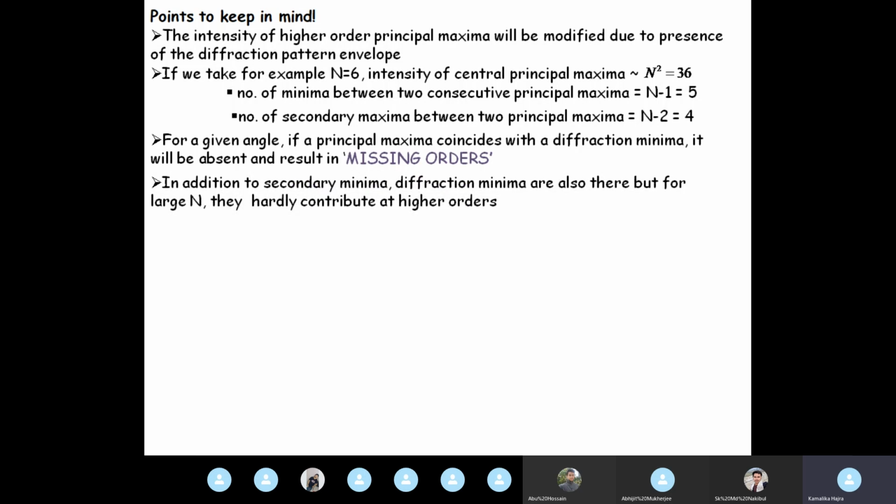Now, in addition to the secondary minima, diffraction minima are also there, but for large n, we know that they will hardly contribute at the higher orders.